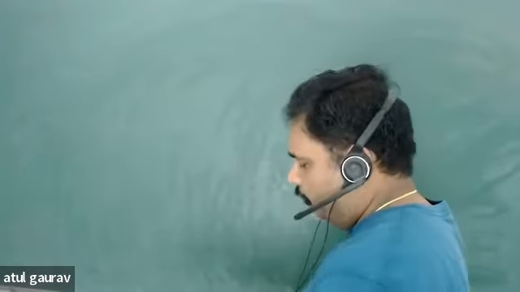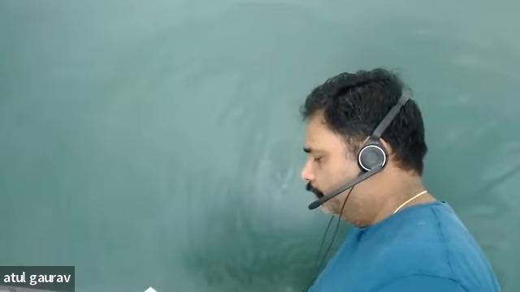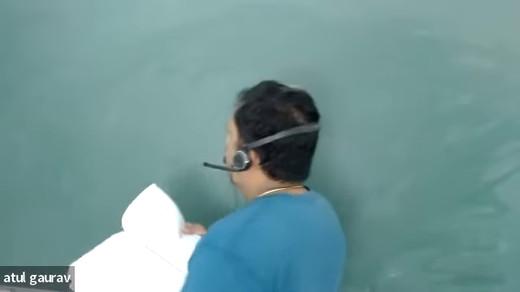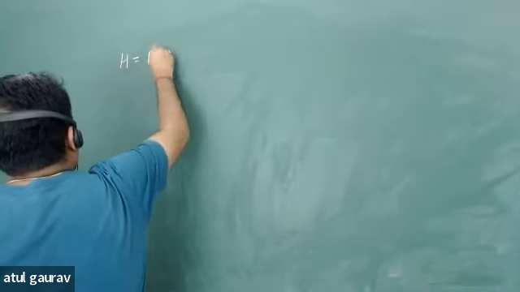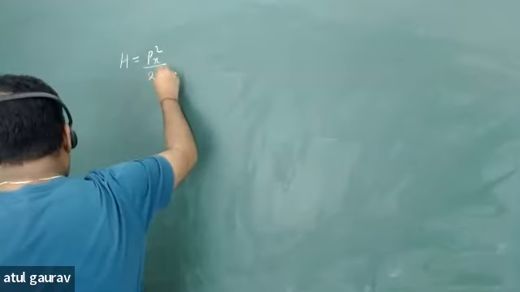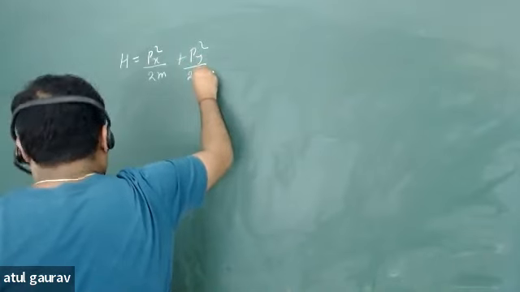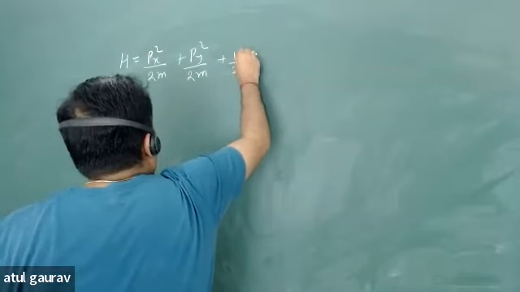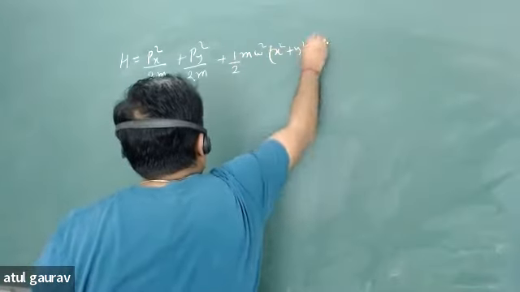Let us try to go for this problem first, then we will go for another one also. Okay, so suppose the Hamiltonian of a system is given, and what is this? It is px square upon 2m plus py square upon 2m plus half m omega square (x square plus y square).